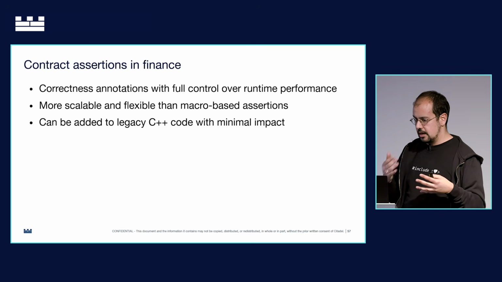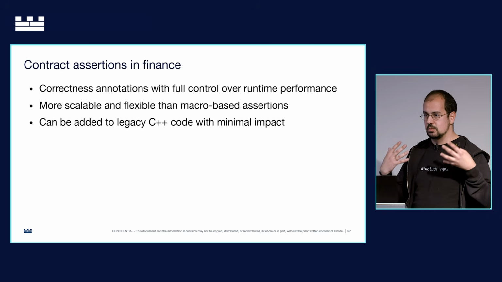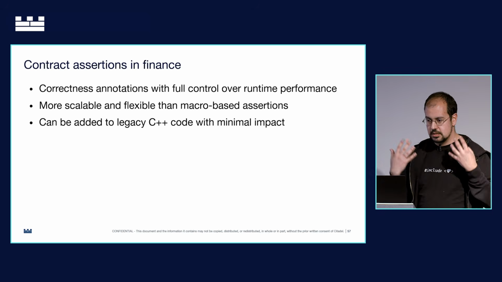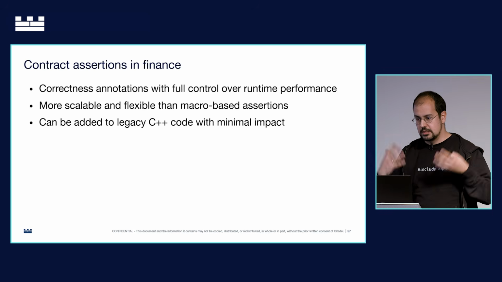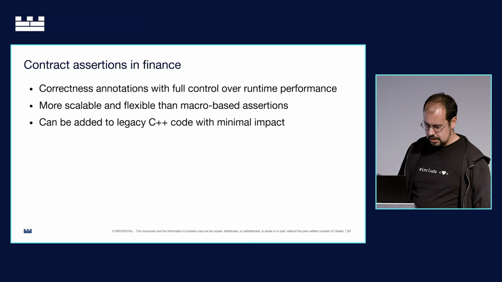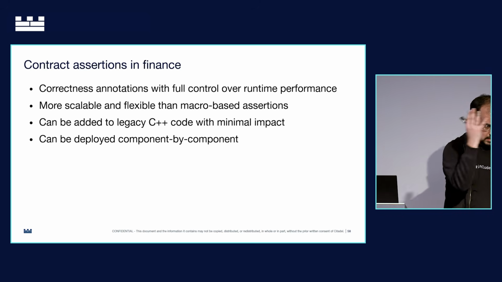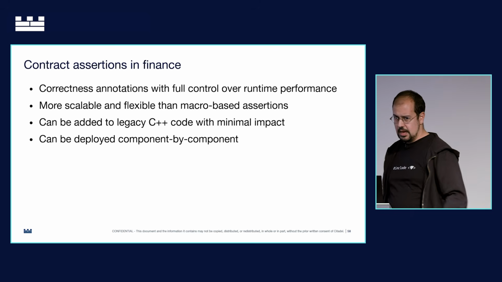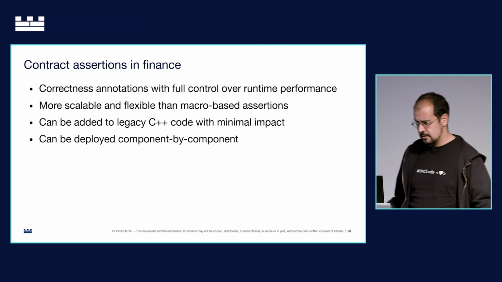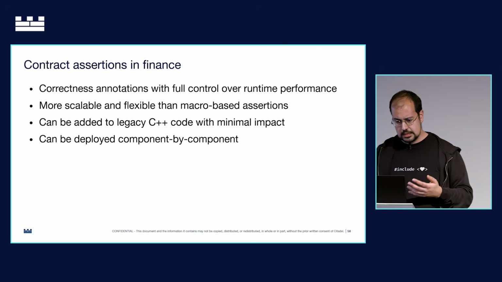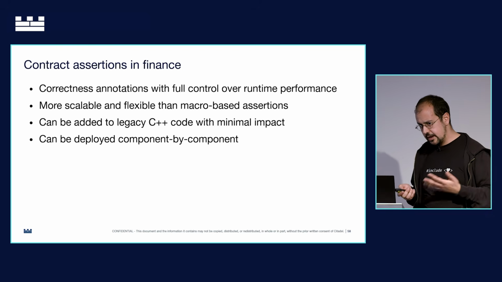And so it's designed to be added to existing large C++ code bases, which obviously we have a lot of. And then it can also be deployed component by component, so you can have one translation unit with contract assertions, another one without. You can link them together. It all just works.